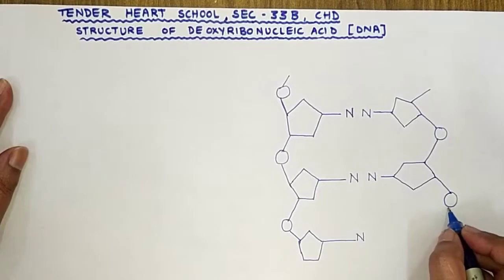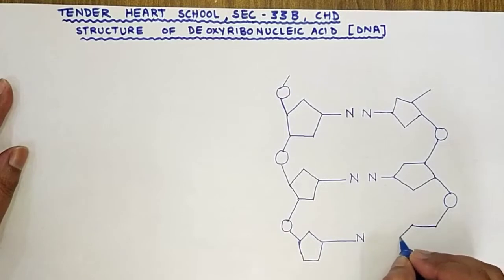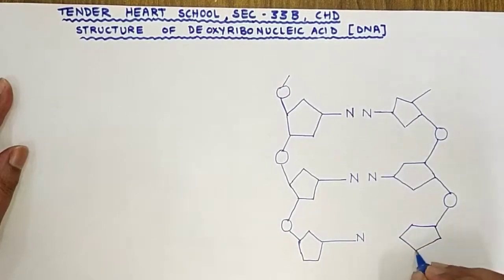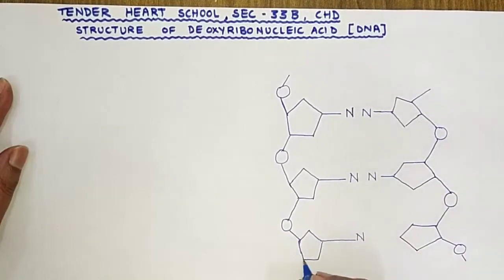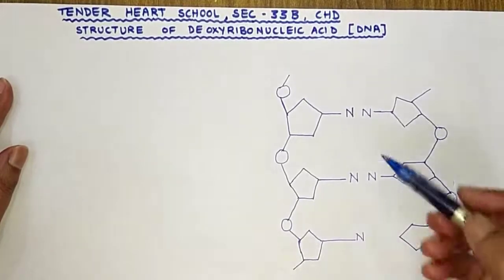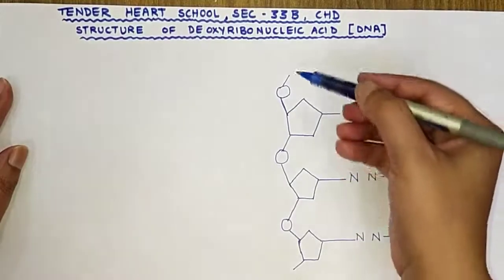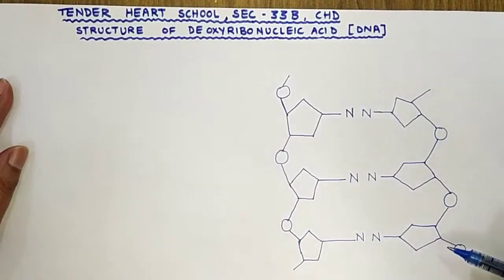Now again we have the pentose sugar, which is again attached to the phosphate molecule, right? And so on. And this side we have the nitrogen base. So this is one strand of DNA, this is the second strand of DNA, right?